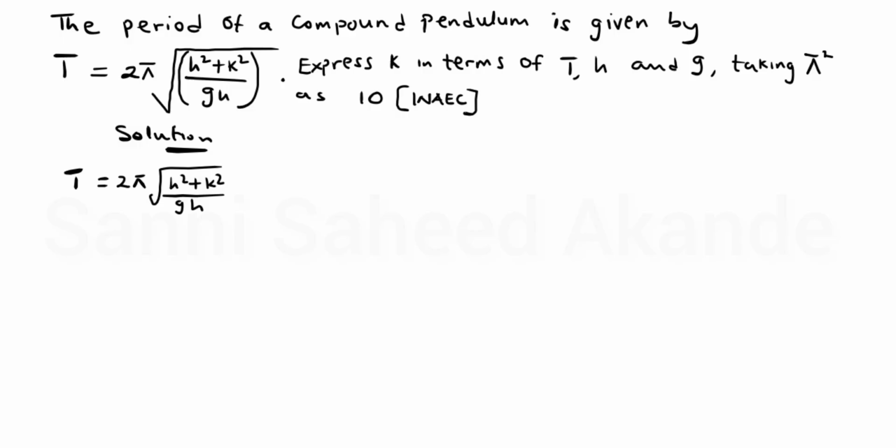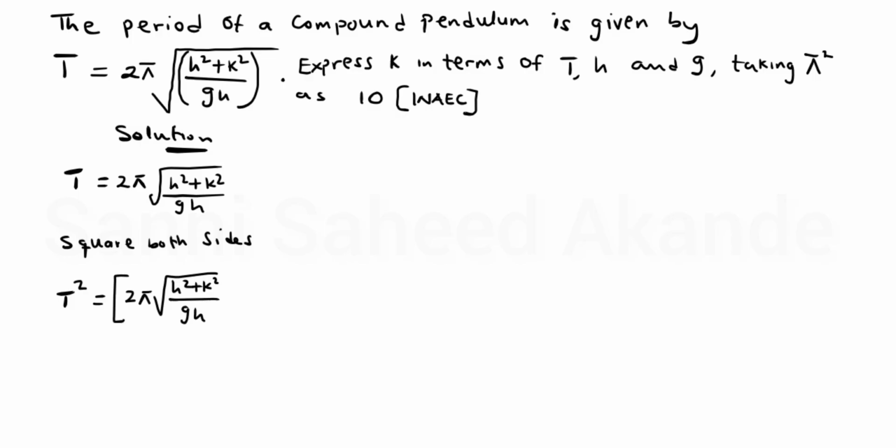So square both sides. Okay, so when you square both sides, we will have T squared then equal to 2 pi then square root of h squared plus k squared divided by gh, then all squared.